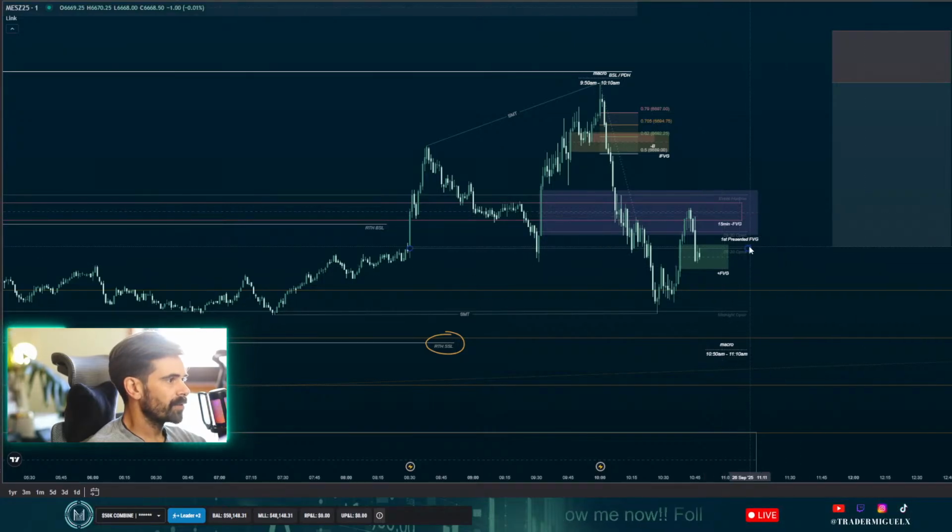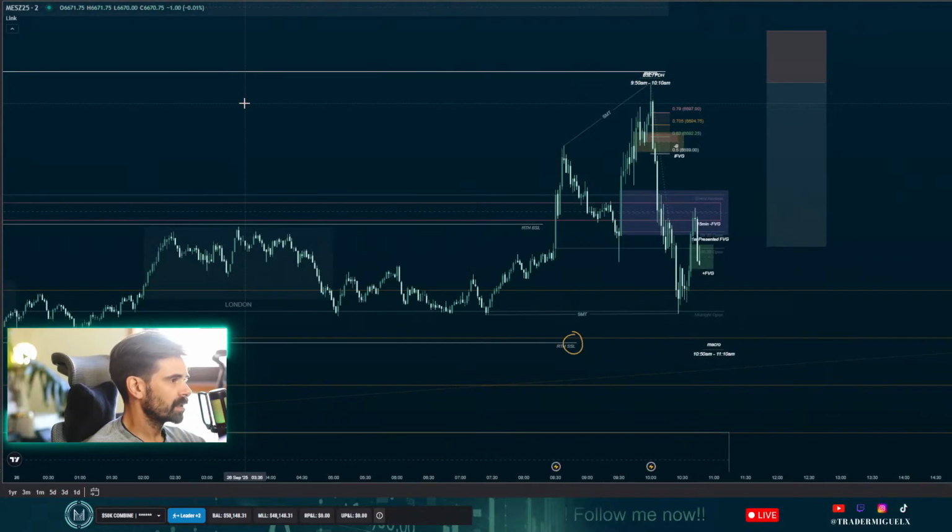Yeah, 830 is acting as resistance right now. So if we manage to revert this fair value gap, I believe this might be another run to the downside.